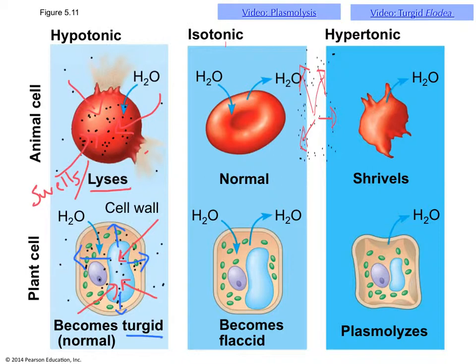keep itself upright. If we put a plant cell with a cell wall in a hypertonic environment, we have lots of solute on the outside, much more than the inside. That means the water is going to move out of the vacuole and out of the cell in order to dilute the environment, which means the cell will first shrink a little bit and then it undergoes plasmolysis, or it plasmolyzes.